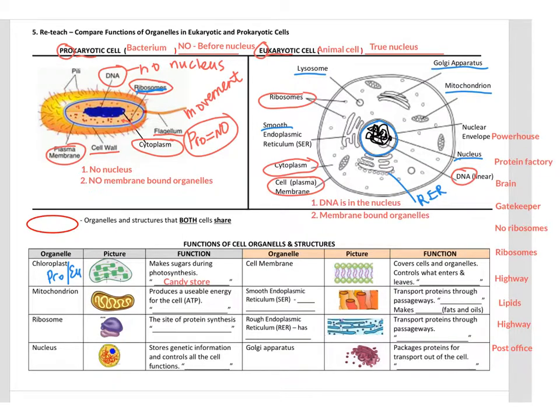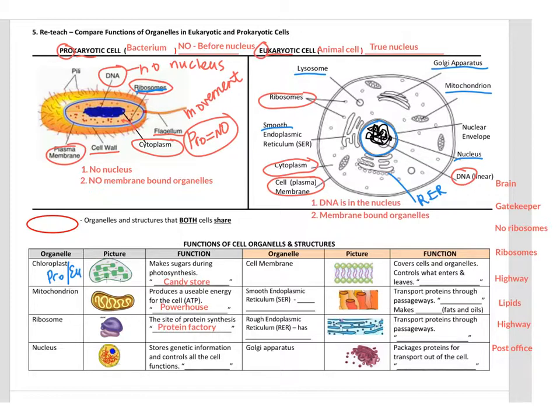So chloroplast's function is photosynthesis. Next organelle is mitochondrion. Mitochondrion's function can be compared to a powerhouse. So mitochondrion produces a usable energy called ATP. ATP is a cellular energy that cells use for cellular activities. Next one is a ribosome. As you remember, proteins are made by ribosomes, and ribosomes are also called protein factories. Next one is a nucleus.